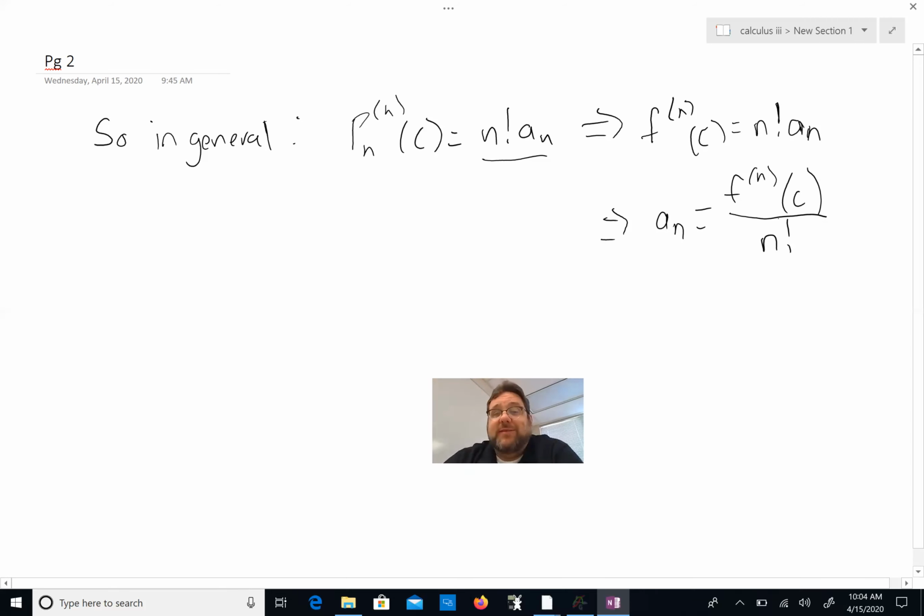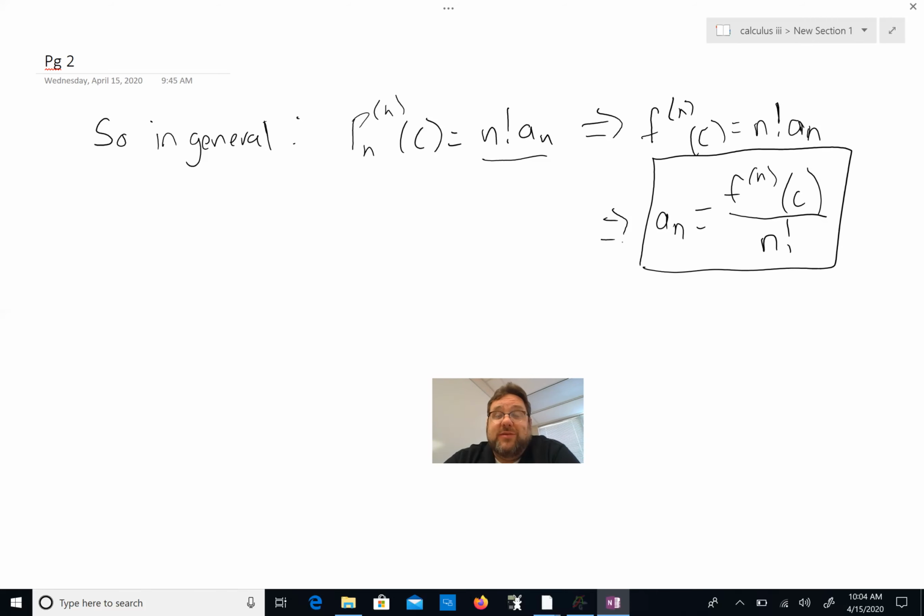Now, this may not seem like we've done much, but what we have just done is, for any function that we are wanting to approximate by a polynomial, this right here is what our coefficients look like in that polynomial.